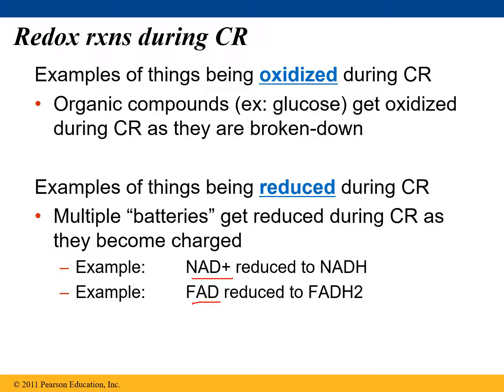So NAD+ gets reduced to NADH, FAD gets reduced to FADH2. Now, if we make this go backwards, from FADH2 to FAD, would that be reduction or oxidation? That would be oxidation. Same thing right here. If we go from NADH backwards to NAD+, that would be oxidation as well.